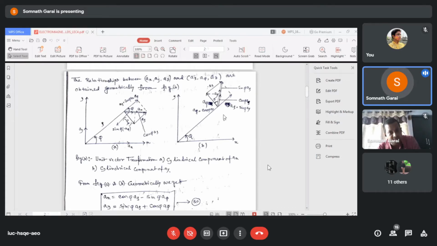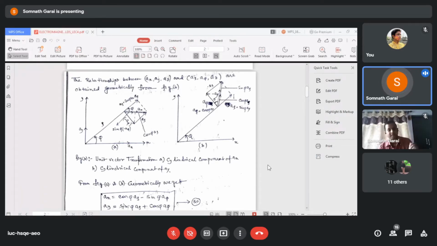Now if we again divide the vector components according to the vertical axis, the direction of ay is the vertical axis, but a phi and a rho are not exactly vertical.